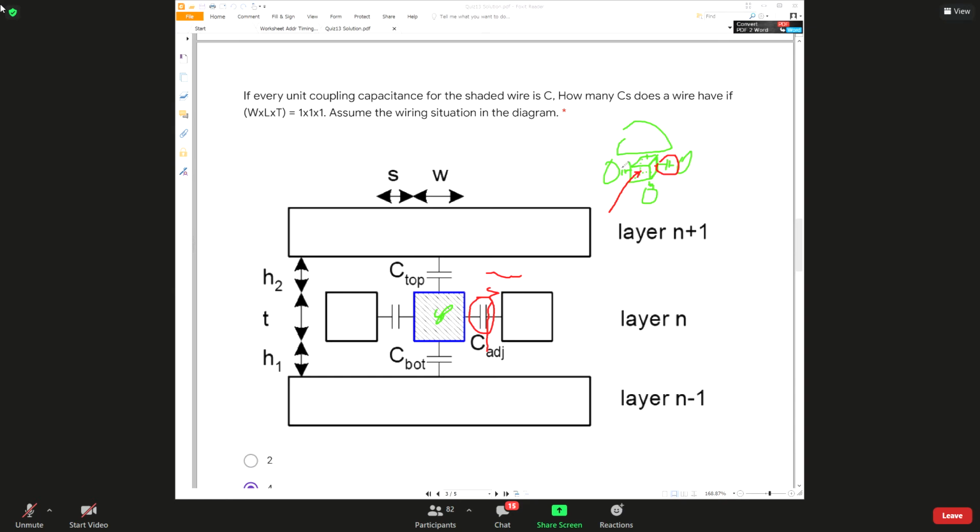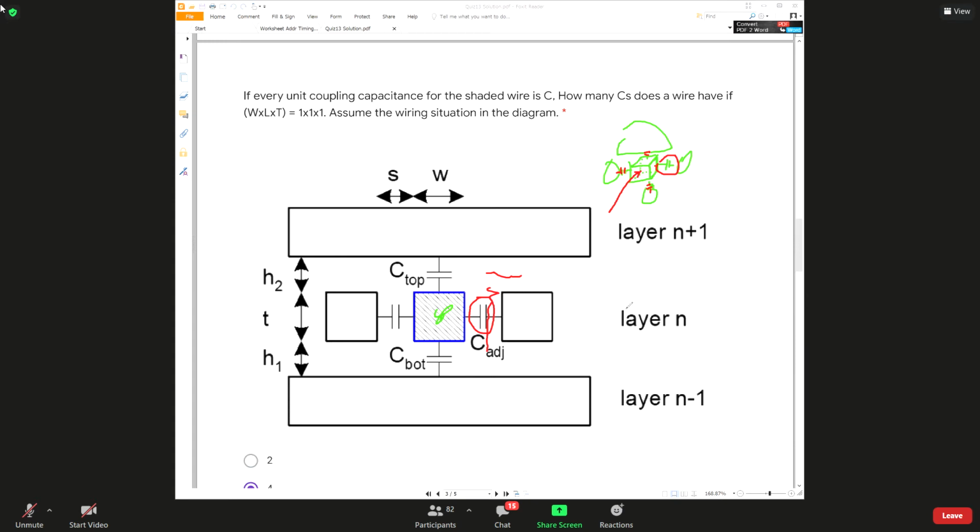And you also have a coupling capacitance on the side, just like that, and so on and so forth. So you have 1, 2, 3 units worth of capacitance. Is it still not clear? Yeah, that is clear. Thank you.